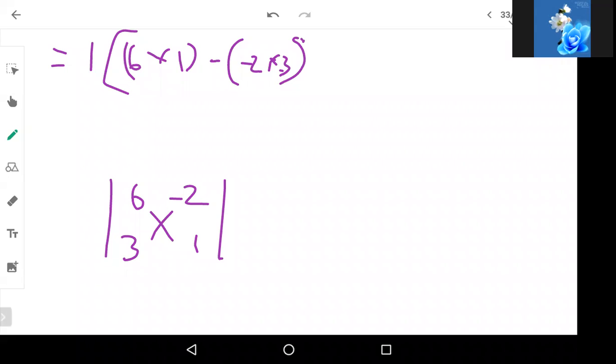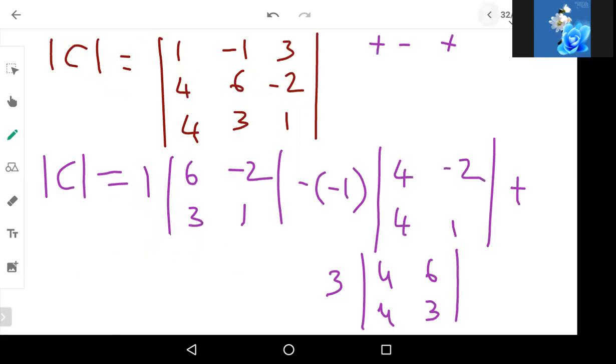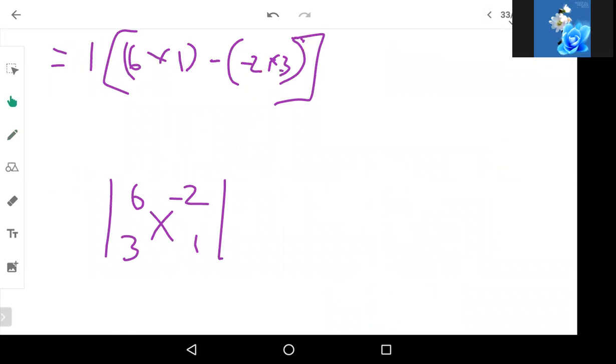This is the first one. Now the second one, minus of minus 1 into 4 minus 2, 4 and 1. So we will keep it as it is. Minus of minus 1. Okay, I think minus of minus 1, we can take it up as plus 1. Plus 1, and then what is the matrix for the second one?